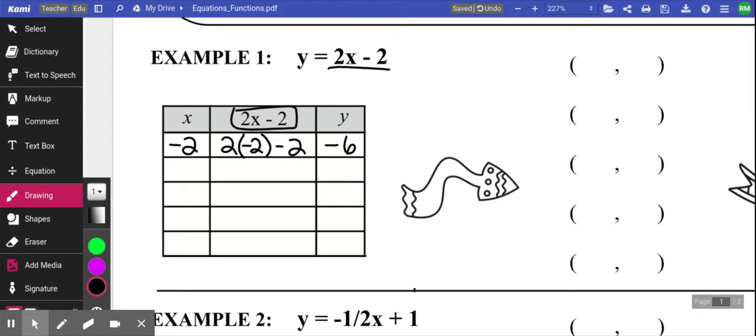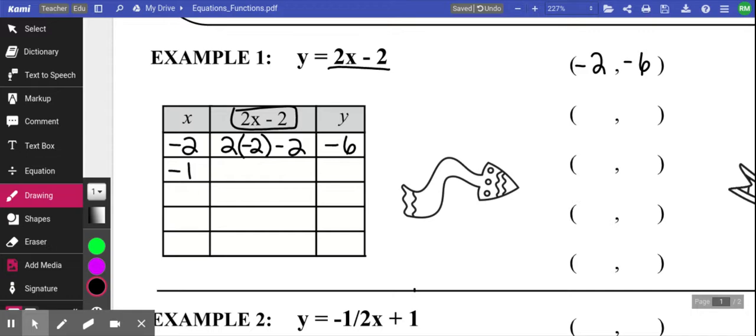Okay. So our input, when we plug in -2, we get -6. And we can write that as an ordered pair. That's just going to be a point on the graph. Let's try another one. Again, I'm choosing specific numbers because I know how big the graph is. The next one's going to be -1.